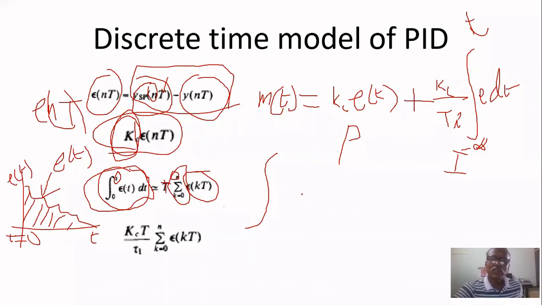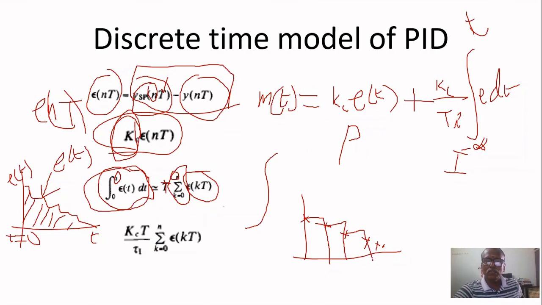In the same way, in the discrete domain, the errors are sampled at sampling periods. These are all sampled values. This is sampled here, and this value area will be taken. Then sampled here, this area will be taken. How to find the area of a sampled value?